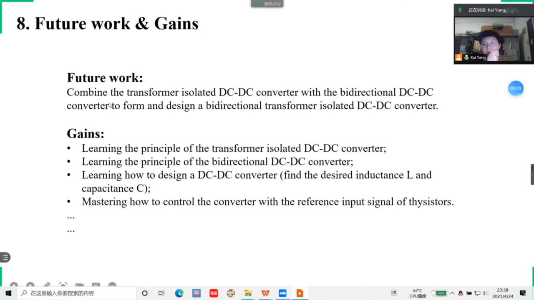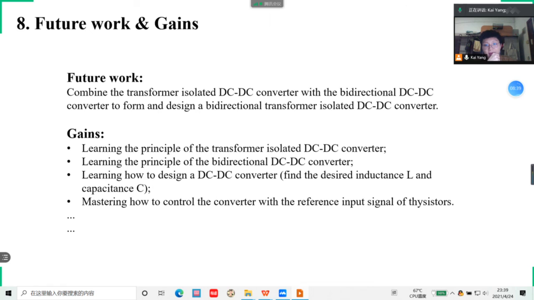For future work, we decide to combine the transformer isolated DC converter with the bidirectional DC converter to design a bidirectional transformer isolated DC converter. And we have gained much knowledge in this project. We have learned the principle of the transformer isolated DC converter and the bidirectional DC converter.